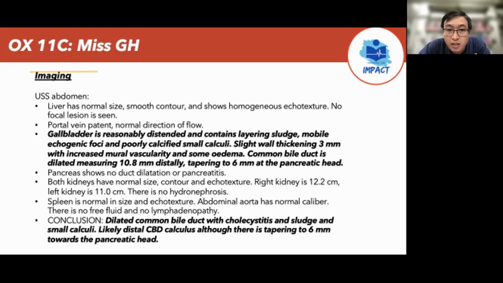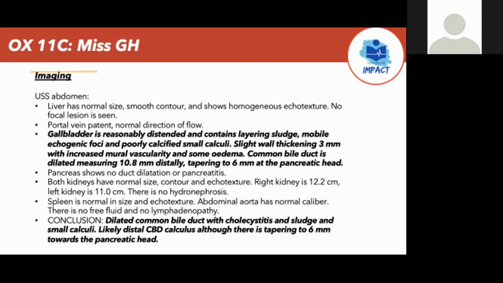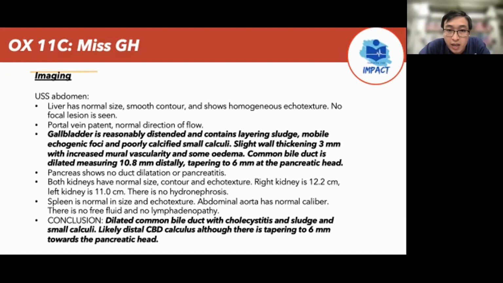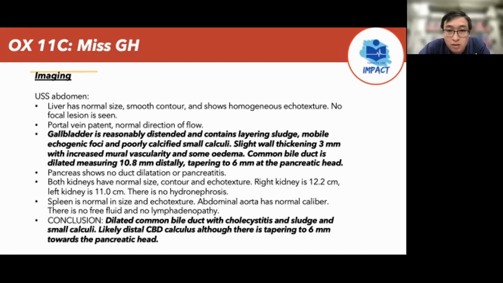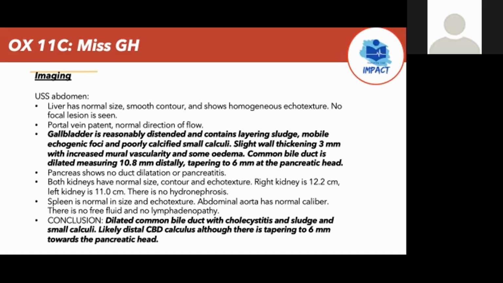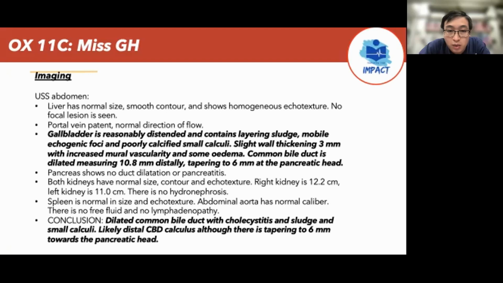The CBD is dilated, measuring 10.8 millimeters distally and tapering off at the pancreatic head. There's no signs of pancreatitis. Otherwise, it's NAD. So the conclusion is dilated CBD with cholecystitis and sludge and small calculi. Likely distal CBD calculi, although there is tapering to 6 millimeters towards the pancreatic head.